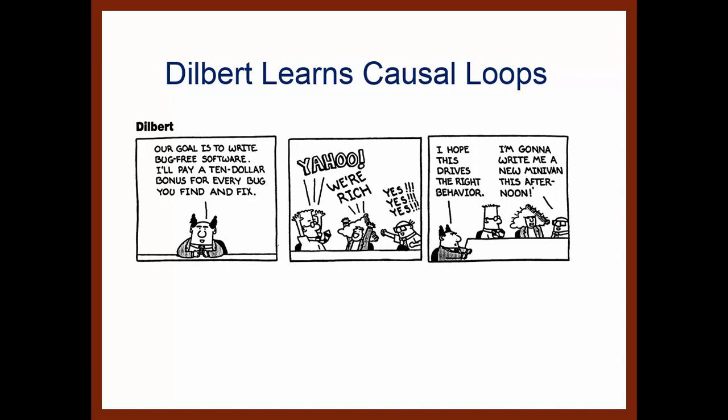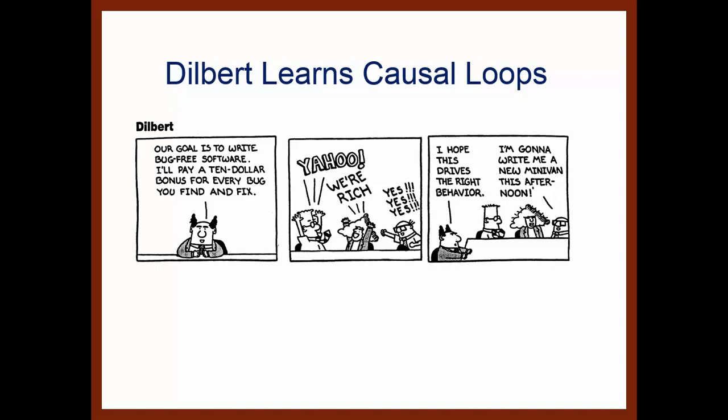I don't know if you're familiar with Dilbert, but this is one comic that I found that is related to causal loops. So our goal is to write bug-free software. I'll pay the $10 bonus for every bug you find and fix. As you can see, all the engineers went happy because they can get rich by doing that.